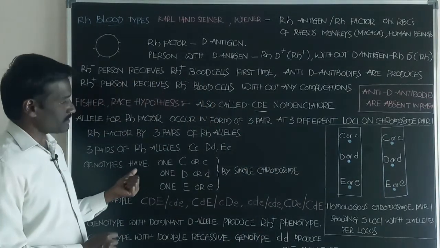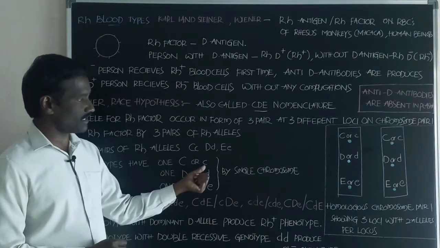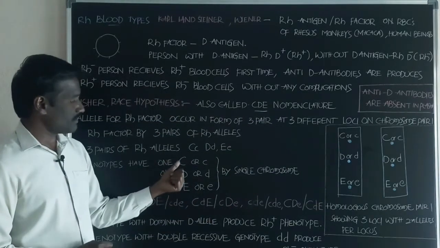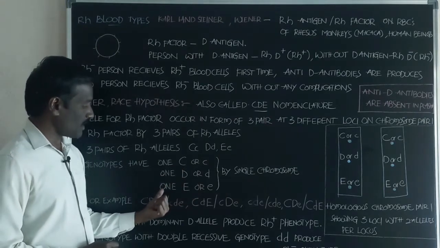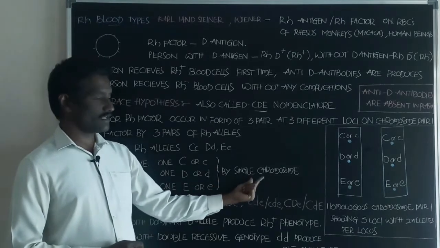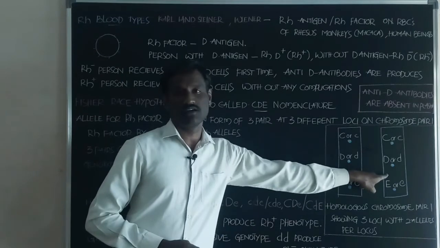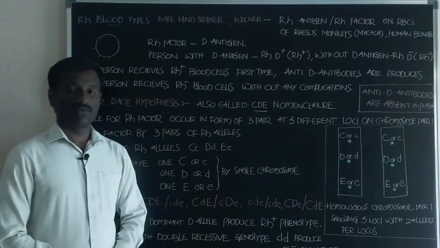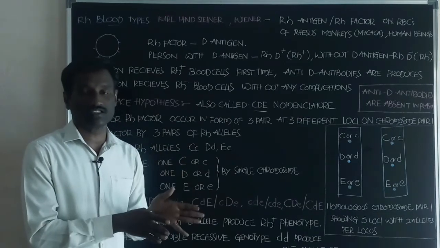Student, genotypes: one capital C or small c, one capital D or small d, one capital E or small e. This is shown by a single chromosome, and the other is another single chromosome. Next, genotypes: which genotypes enter into the next generation?